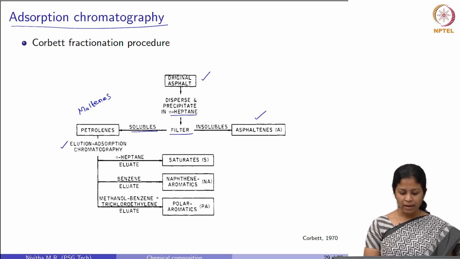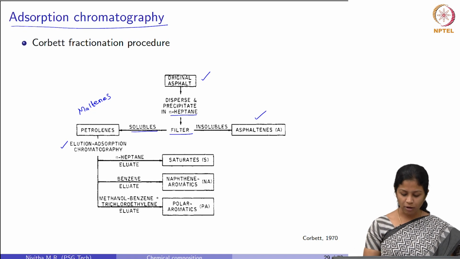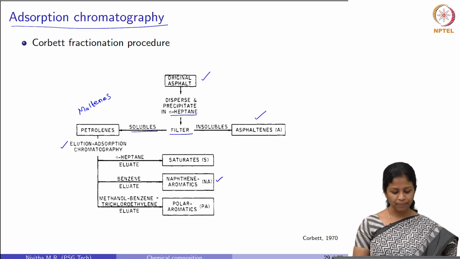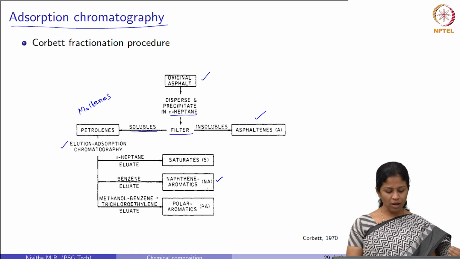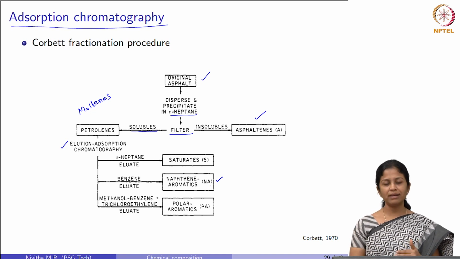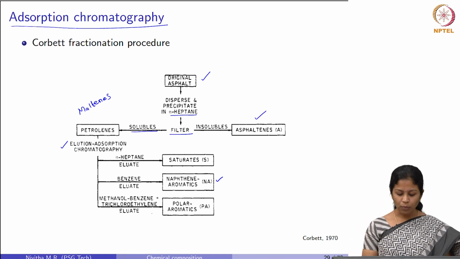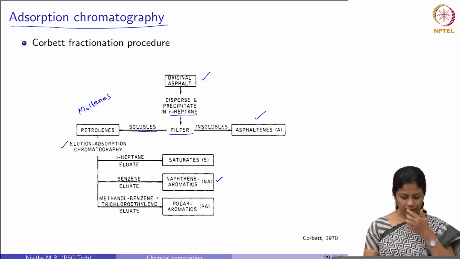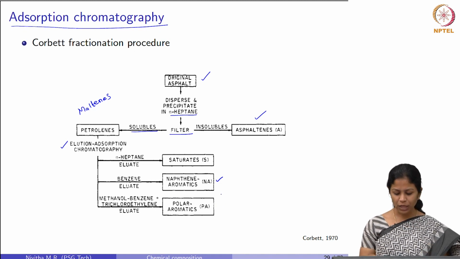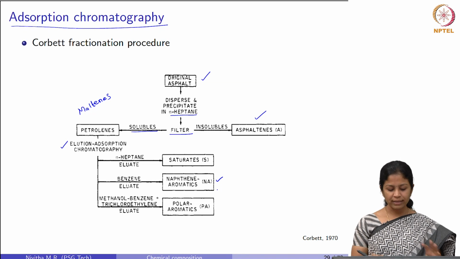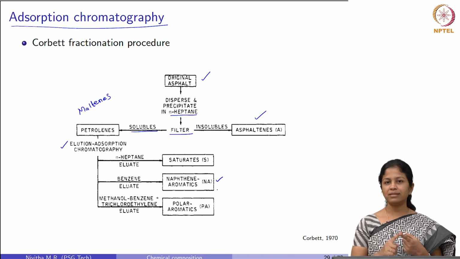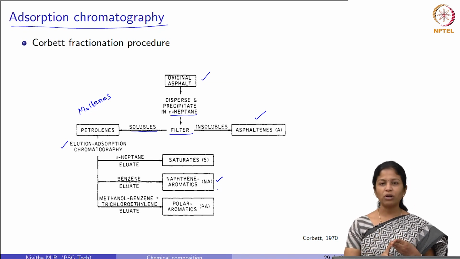Then we use benzene as an eluent, and whatever comes out is called naphthene aromatics. Then we use methanol, benzene plus trichloroethylene as a solvent, and whatever elutes is called polar aromatics. So, here we have 3 different fractions: saturates, naphthene aromatics and polar aromatics.